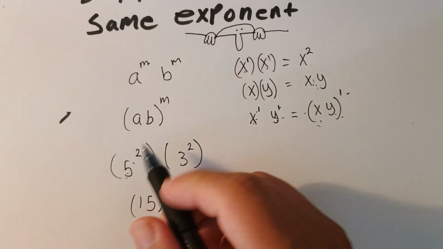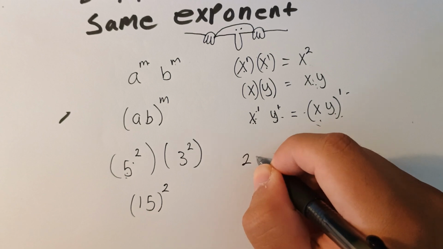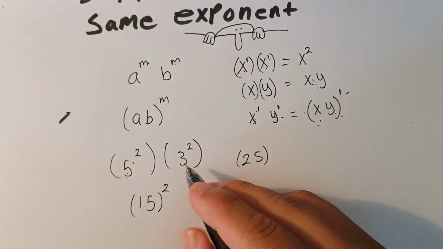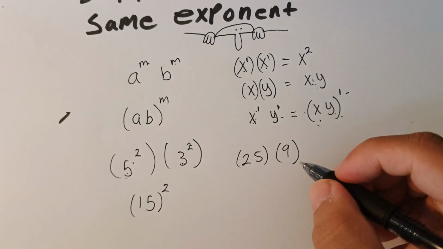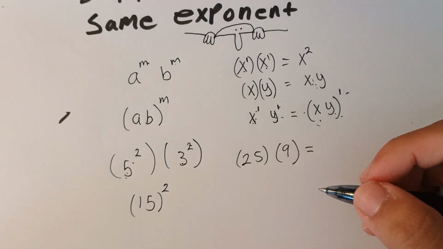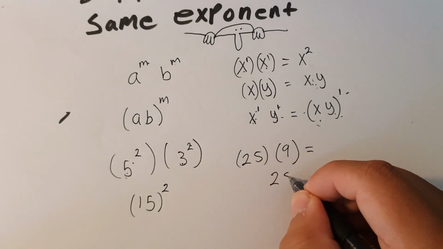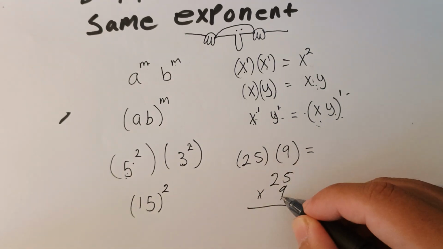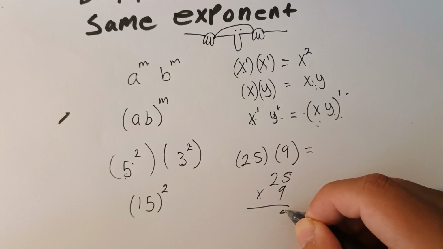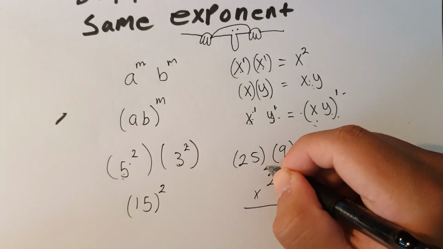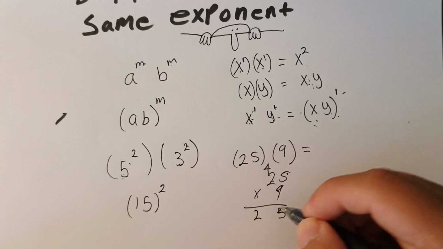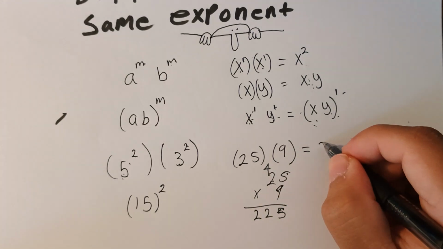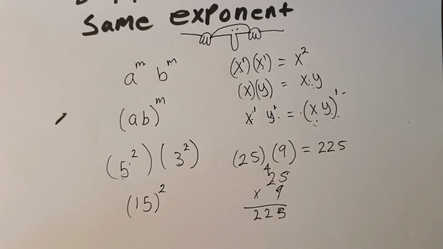So 5 to the power of 2 is 25, 3 to the power of 2 is 9. If I multiply these out, 25 times 9 will give me 45, that'll be a 5 right there, a 4 right here, 18, 22. So this could be 225.